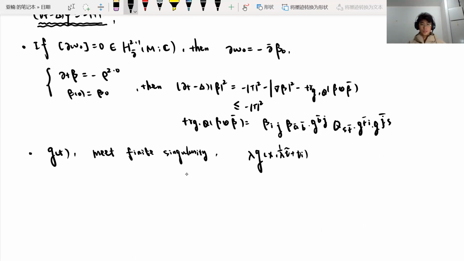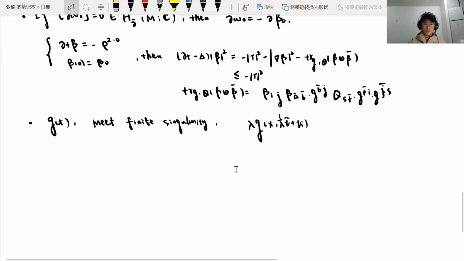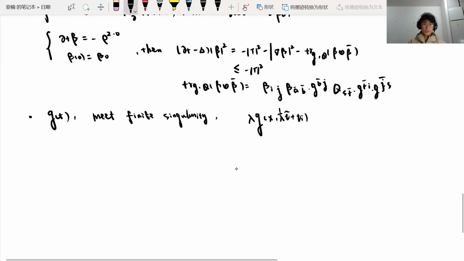like the classical Ricci flow. Here lambda is the maximum of the norm of the Chern curvature, and we obtain a family of flows below.